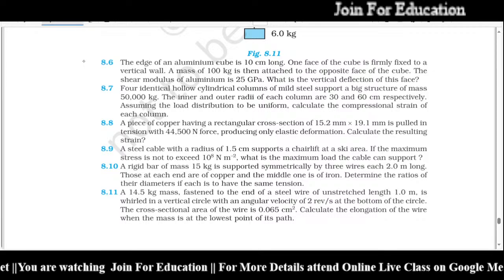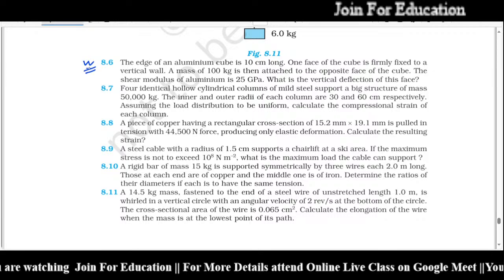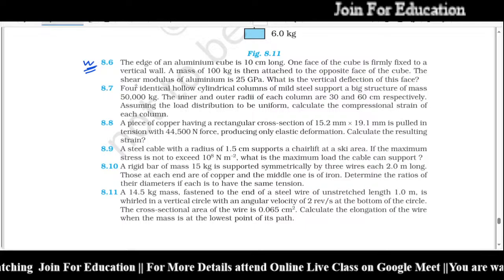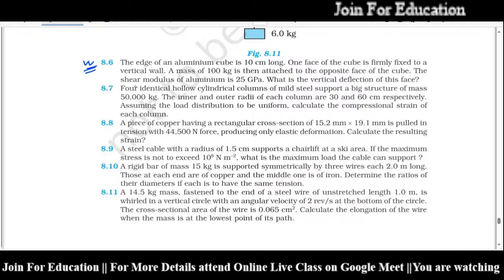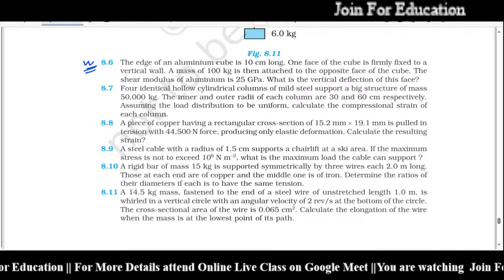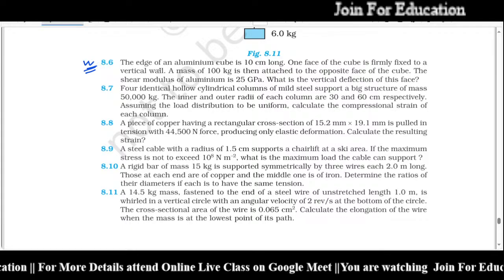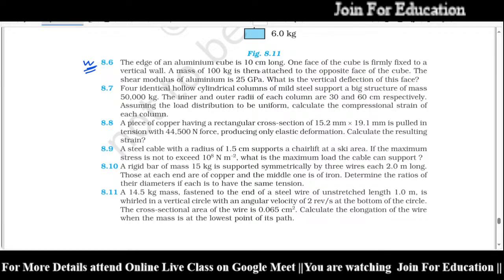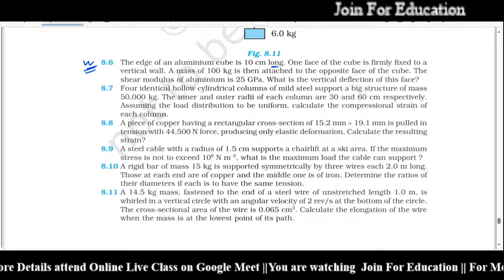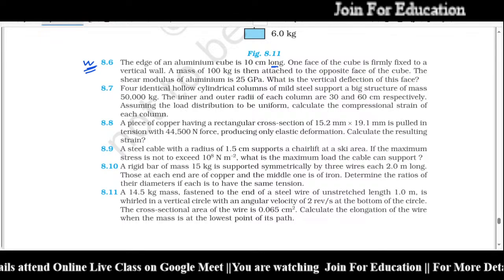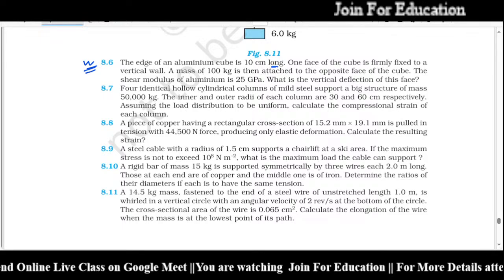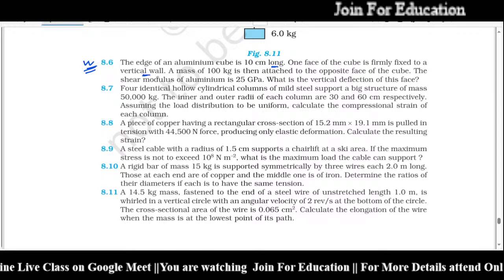This is question number 6, which you are seeing on your screen. I am going to read the question. The edge of an aluminum cube is 10 centimeter. One face of the cube is firmly fixed to a vertical wall.